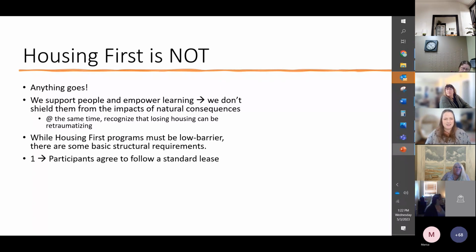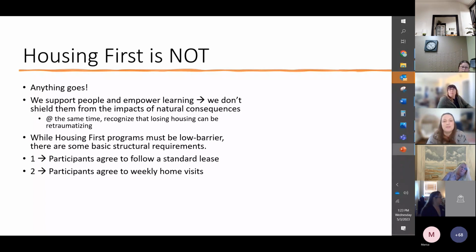It kind of depends on the program. But for example, Pathways Housing First has 2 requirements for people when they come in. The participants need to agree to follow a standard lease, and they need to agree to weekly home visits. This is pretty similar to what we do in Housing Navigation as well. If Housing First is anything goes, then we're not helping people learn. We don't want to shield them from the natural consequences of behaviors, like the person dealing drugs that we talked about earlier.